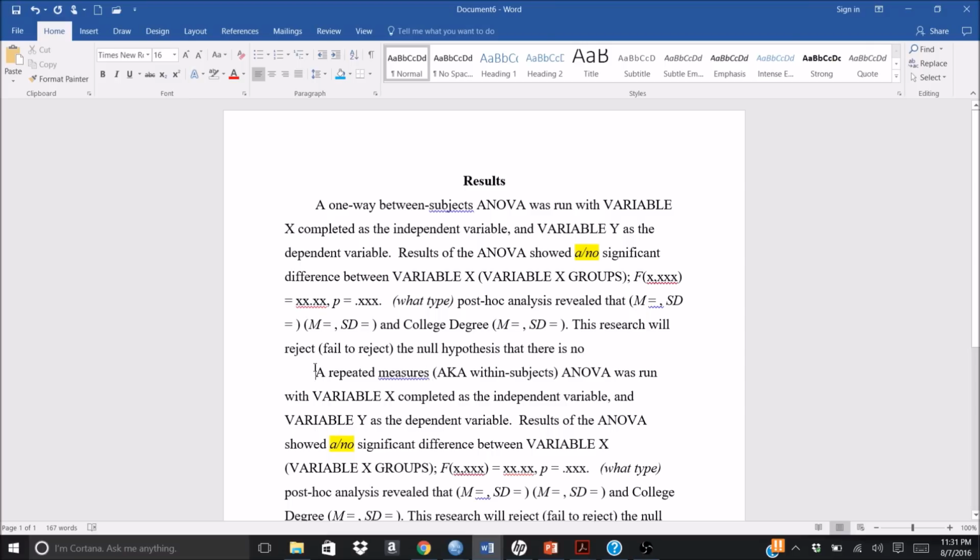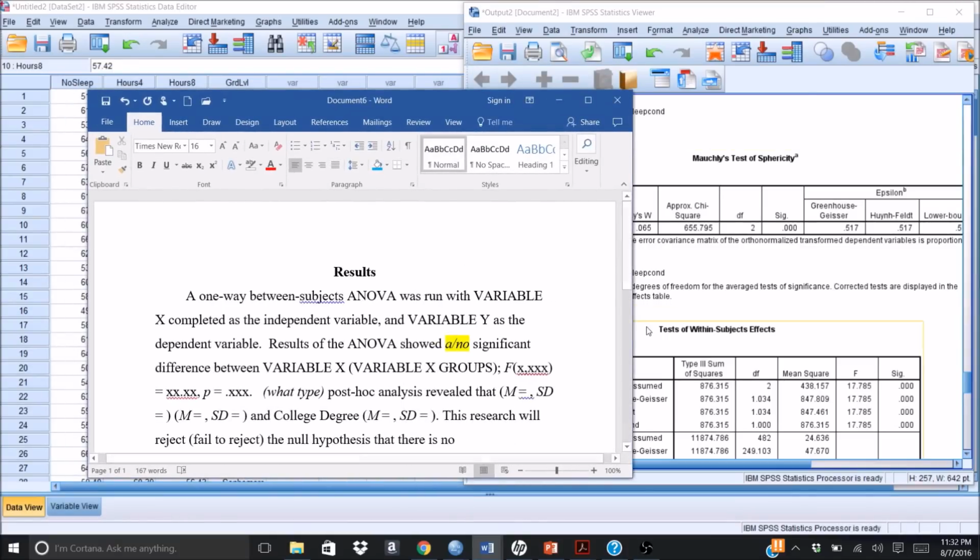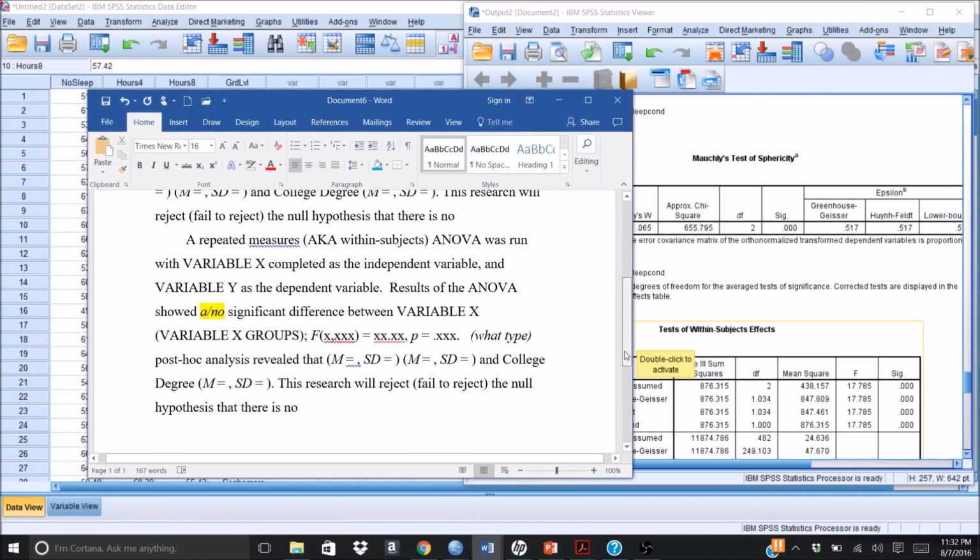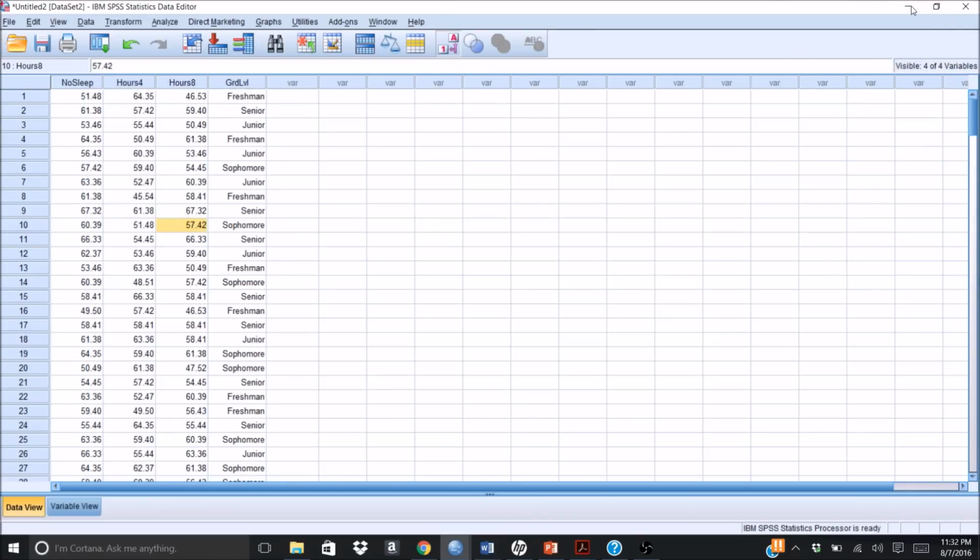But I'm right here. I'm going to write about my repeated measures or my within subjects ANOVA. So let me get this set up and I will show you how to write this up. Sorry.